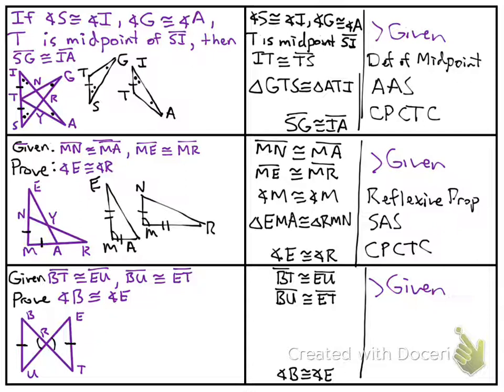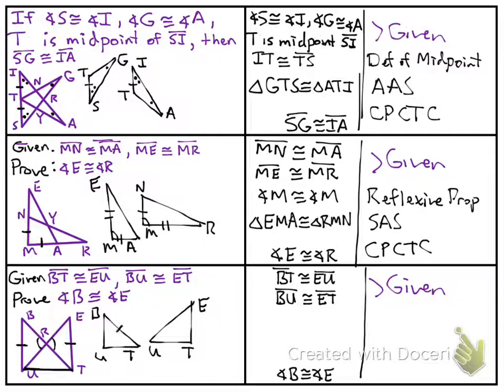We want angle B and angle E, but this BU, BT, and EU is a problem because that spans both triangles. So what if we drew a side right here? So now we could make two triangles, go B, U, T, and U, T, E.